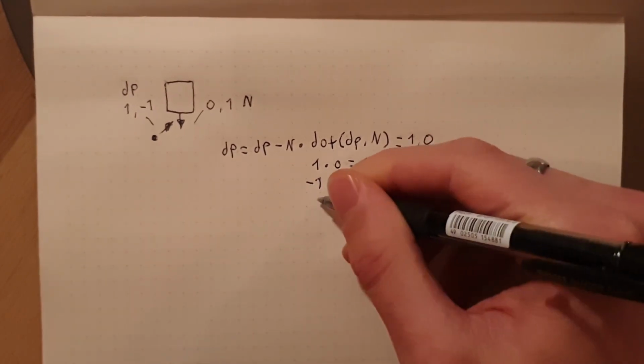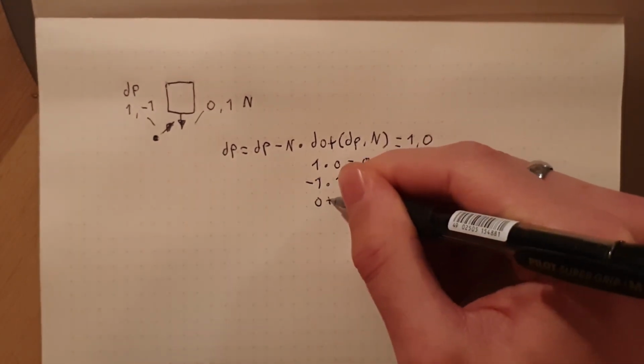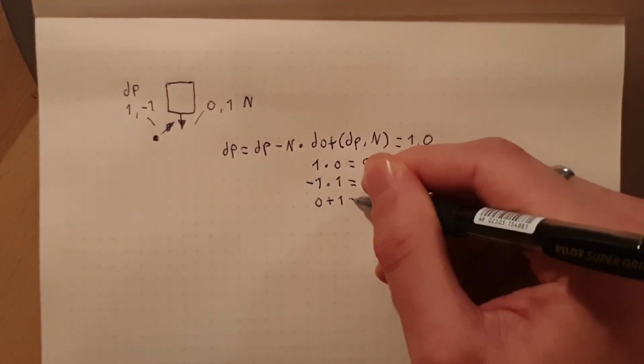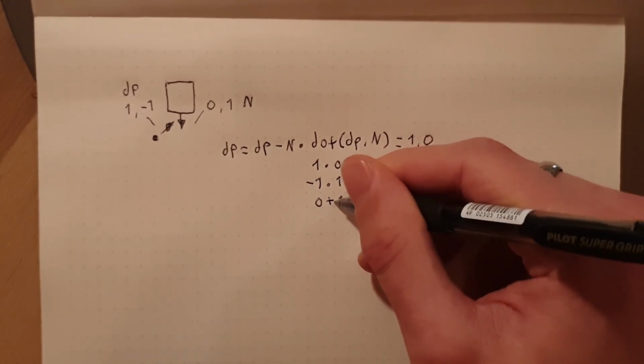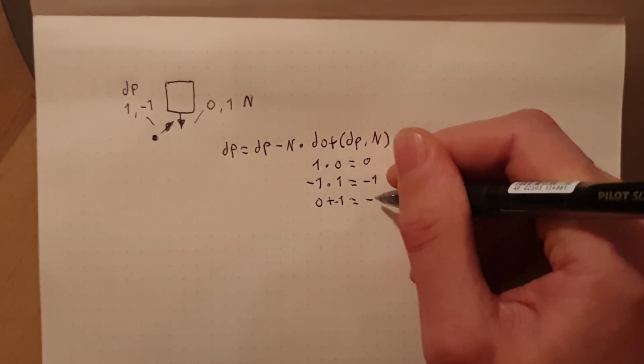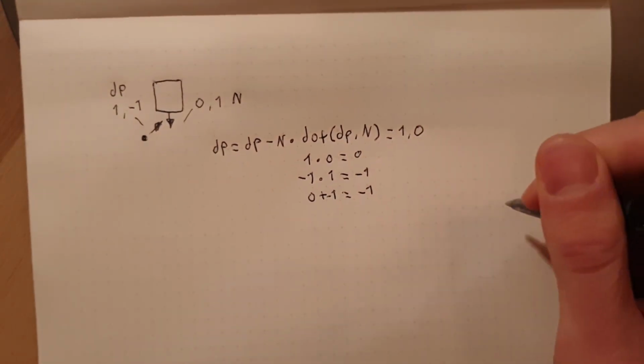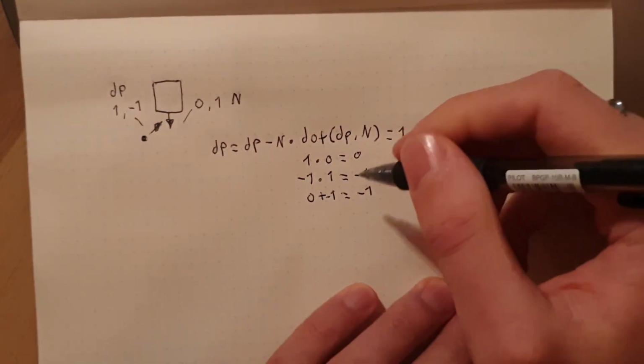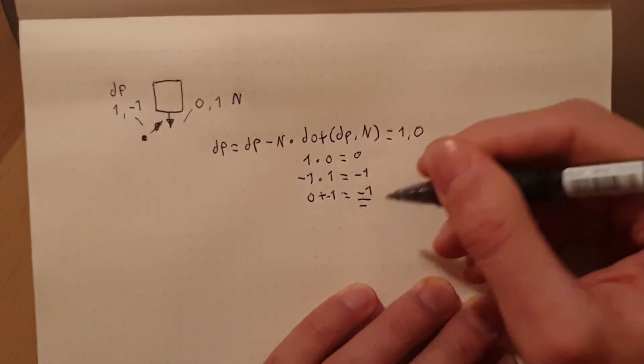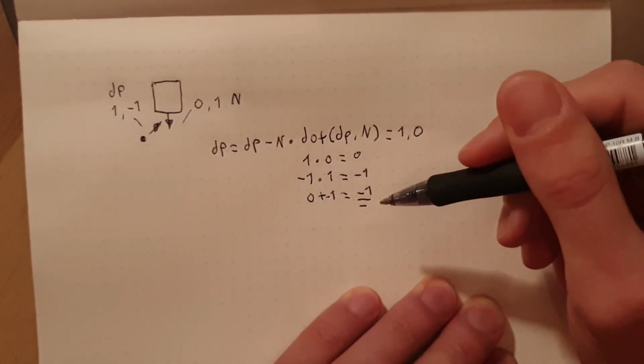Then we'll add these together, so 0 plus -1 is equal to -1. Okay, that's the result of this dot function here.